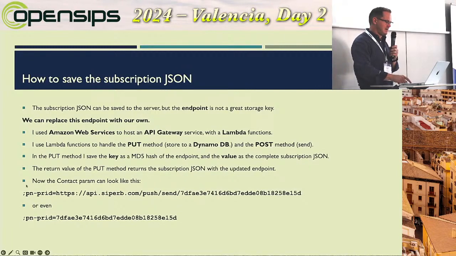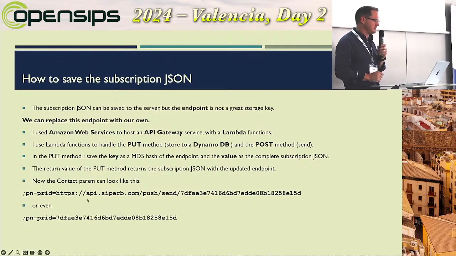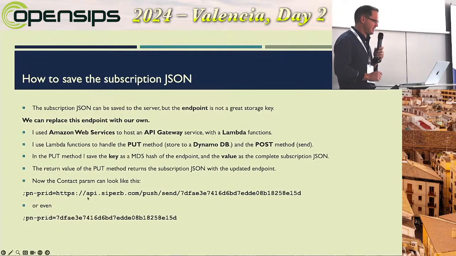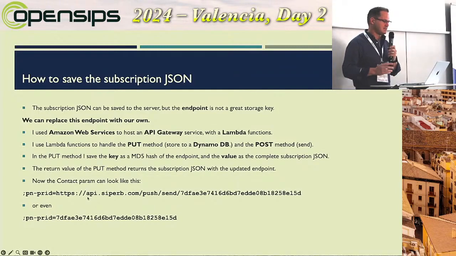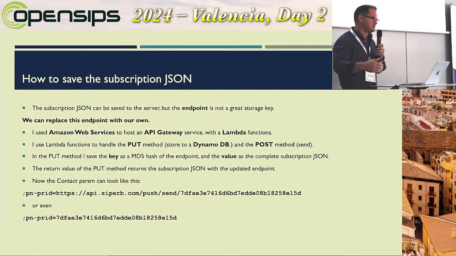All right, and then what that results in here is that my PNPRID is now equal to something like https://api.siperb.com/push/send, but now I reference my own MD5 hash. Because this is a closed system, I'm going to be sending myself my own information, my own keys.